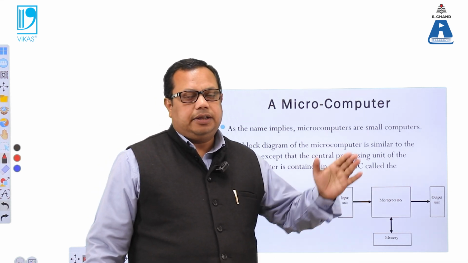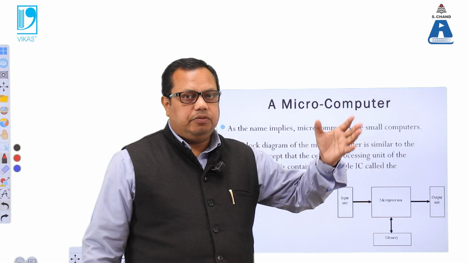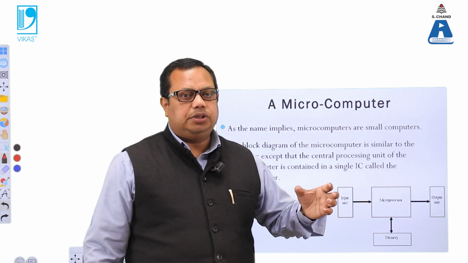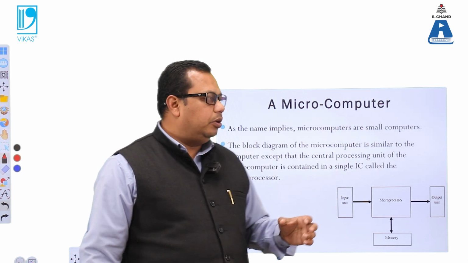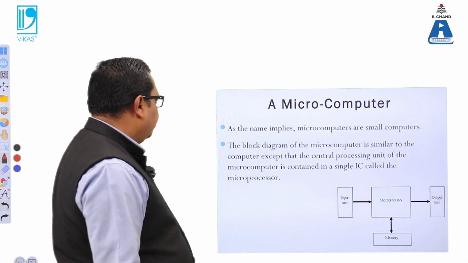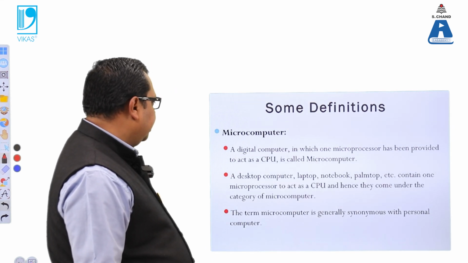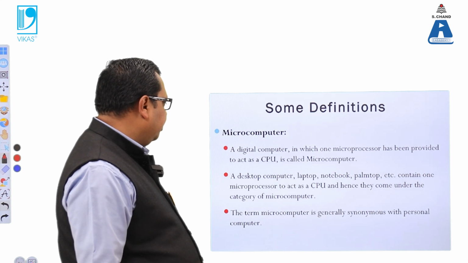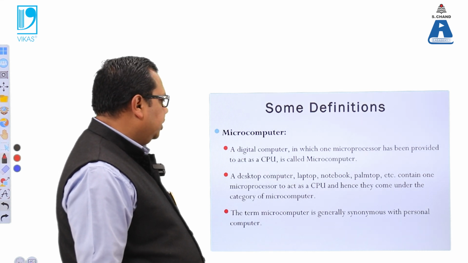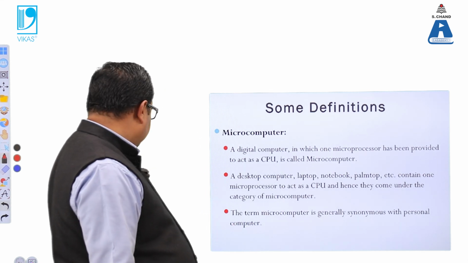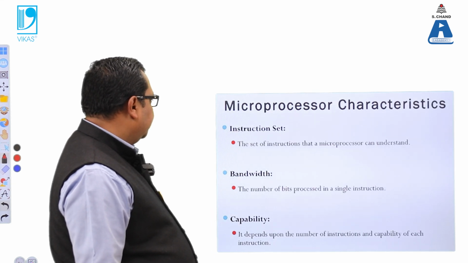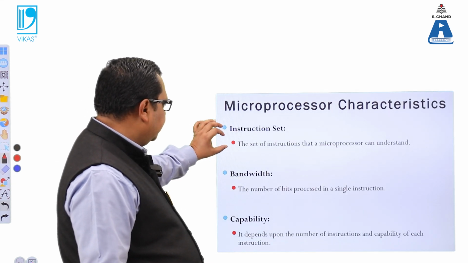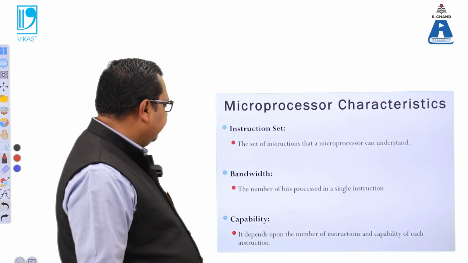So, we say that we give the input to the microprocessor, and the microprocessor processes that input to get the desired output. Then we have some definitions. The digital computer consists of a CPU called a microprocessor, desktop computer, and the term is generally used with the personal computer. For the microprocessor, first we have the instruction set, then we have bandwidth, then the capability.